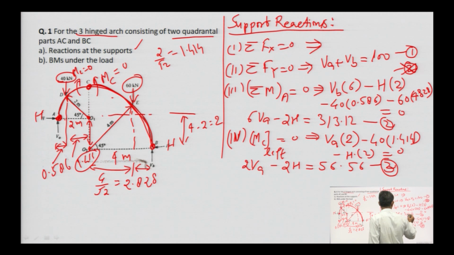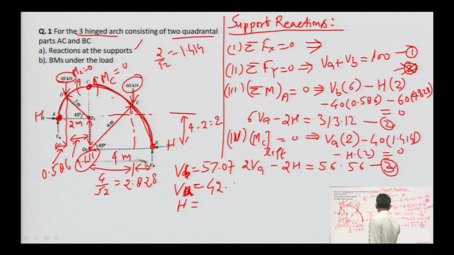So solving equations 1, 2, 3, we can get the value of V A, the value of V B, and the value of H. The value of V B after solving we will get 57.07, V A we will get as 42.93, and the value of H as 14.65 kilonewton.